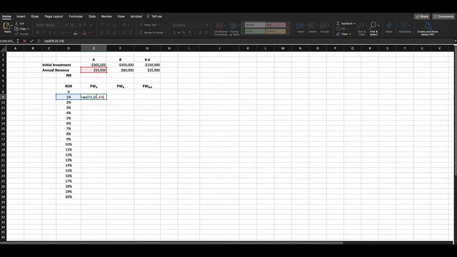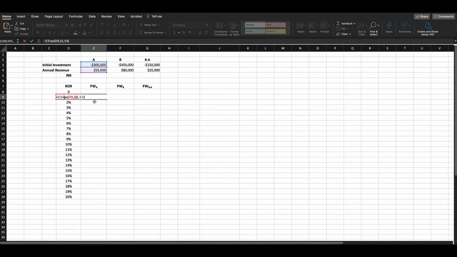And that is going to calculate the present value of this uniform cash flow, $55,000 each year. But don't forget that we have an initial investment of $300,000. So what I'm going to do, I'm going to add that here to the present value function.